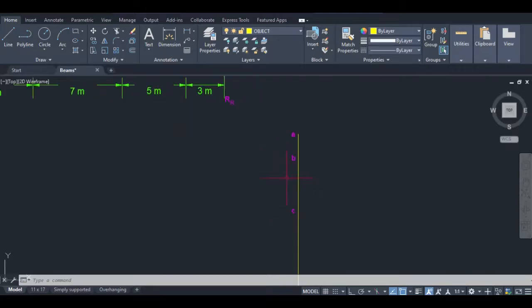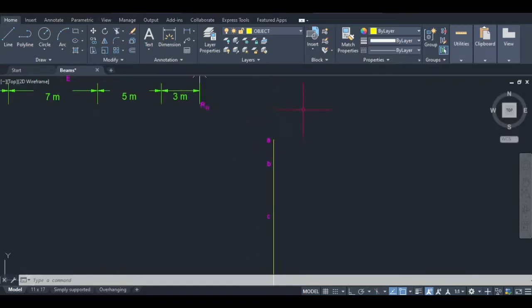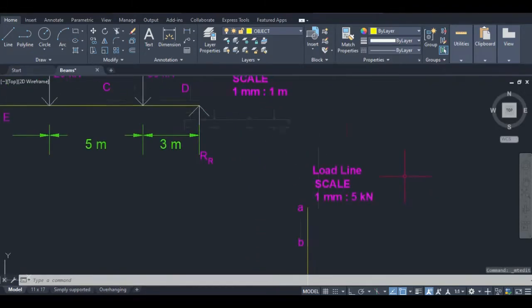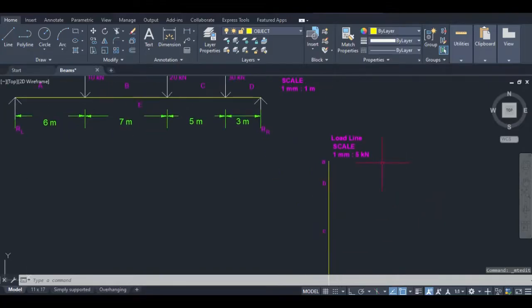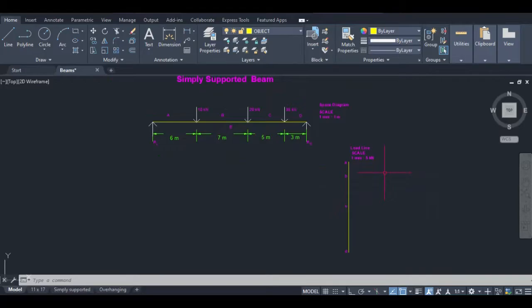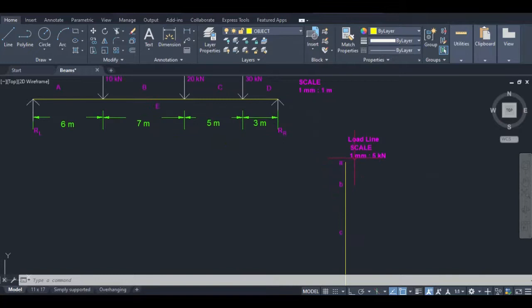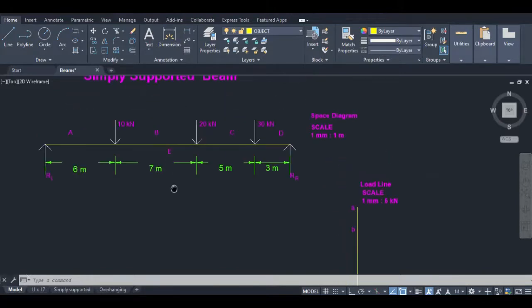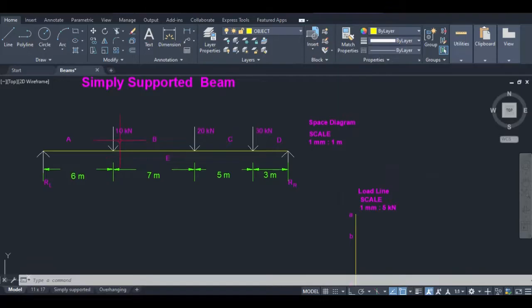So now I'm going to be labeling my diagram to show the scale that was used. Very important that we display our scale. I hope load line scaling is not difficult, but if it is, just send me a message in the chat and I'll be sure to explain it even further in my upcoming videos. Basically, you are saying every millimeter you draw represents 5 kilonewtons of force.